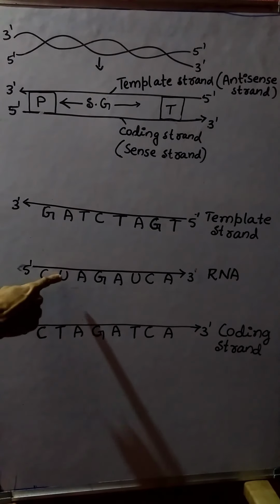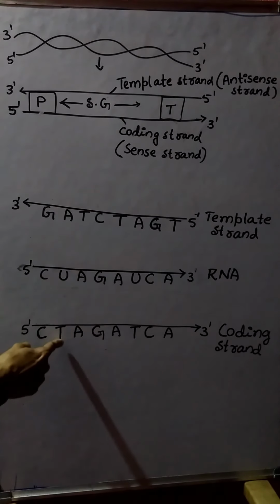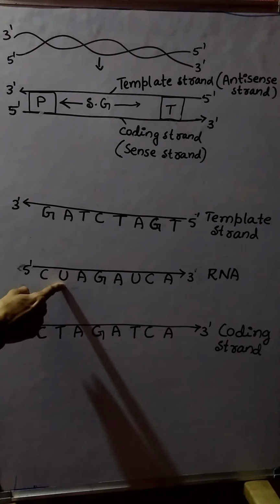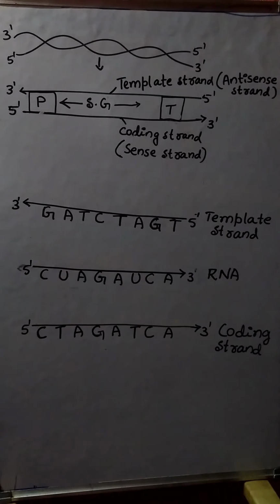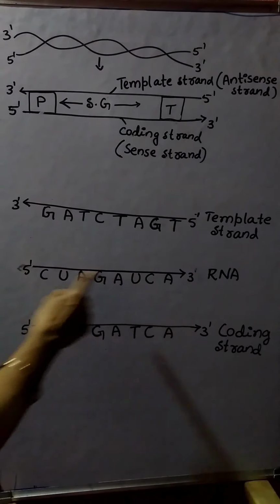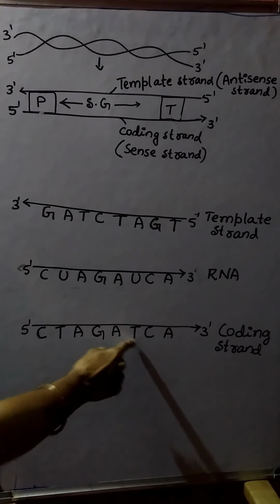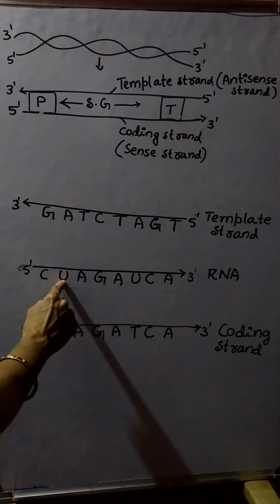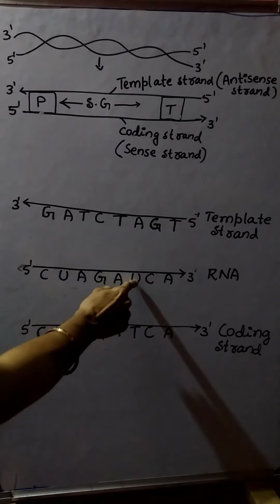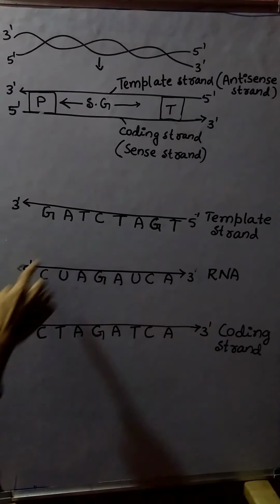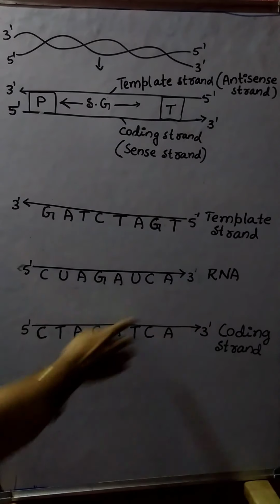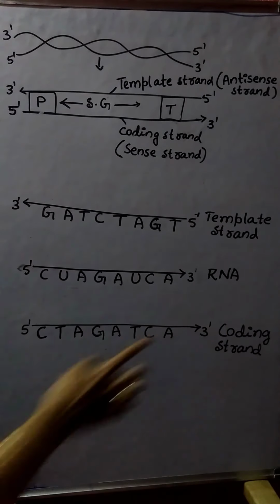In case of RNA, uracil is present, but in case of coding strand, thymine is present. Remember, in case of RNA, at the place of thymine, uracil is present. Here and here. In case of coding strand, thymine is present, but in case of RNA, uracil is present. Except these two, the remaining bases are same in RNA and coding strand.